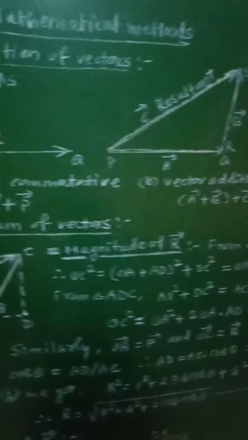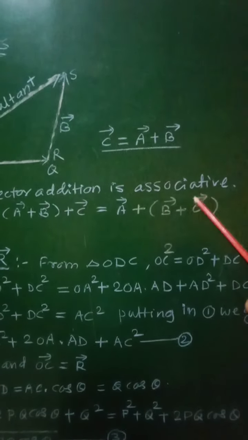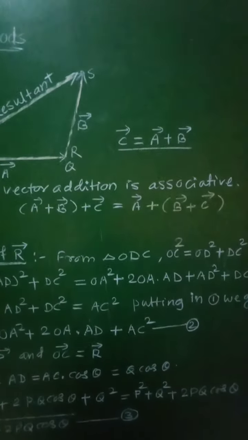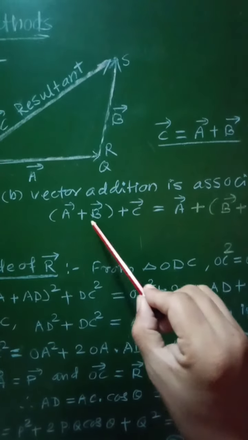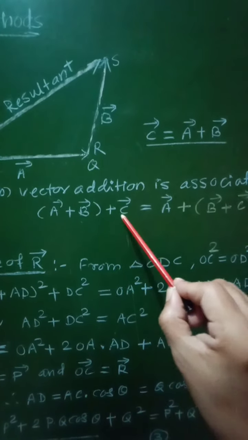Now the second property, B, is that vector addition is associative. In order to explain this property, let us consider three vectors A, B and C. First, vector A and vector B are added, and to that sum vector C is added.